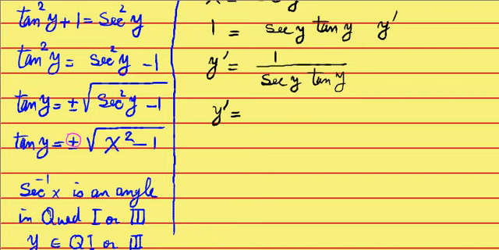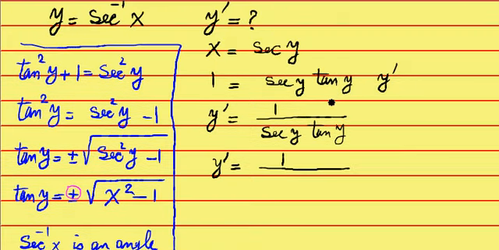And if that's the case, here on the right hand side, I'm going to have the following. Instead of secant of y, I'm just going to write x, and instead of tangent, I'm going to write radical x squared minus 1, and then I'll be all done.